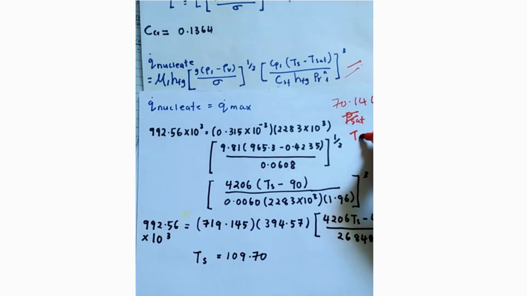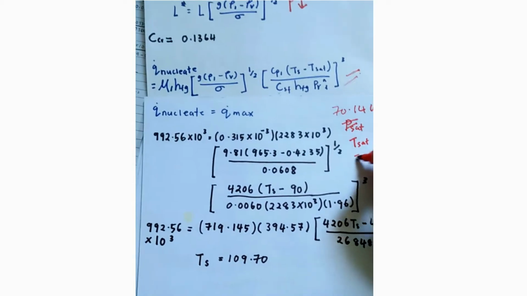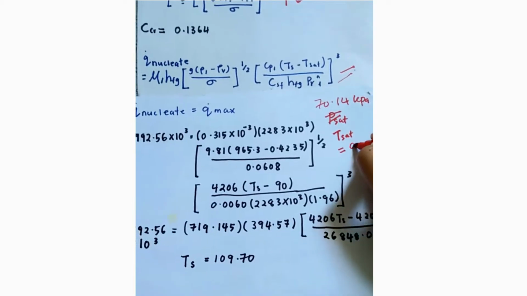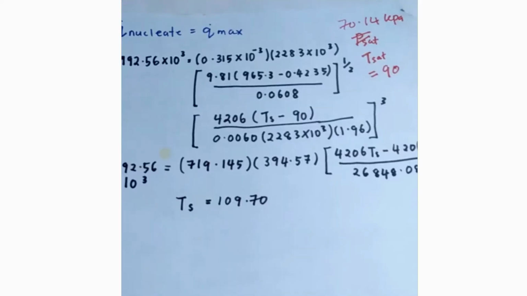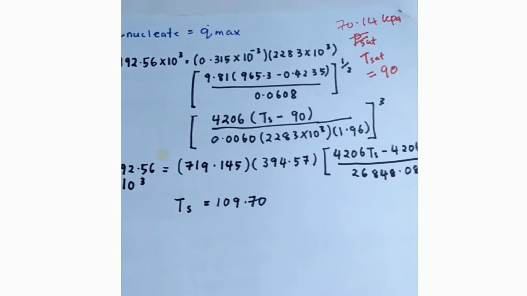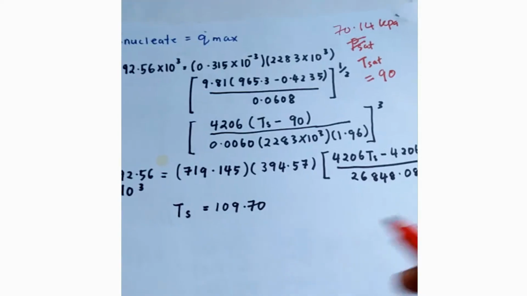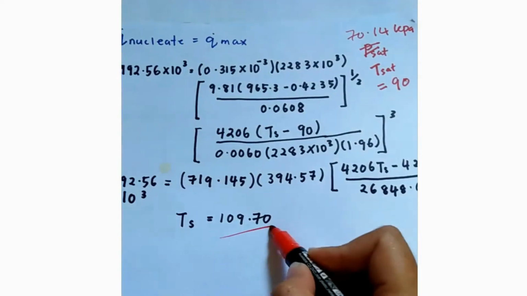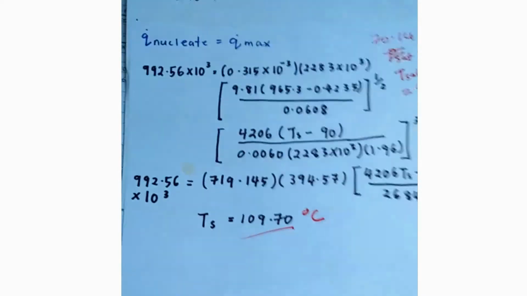It is actually T set equal to 90. Therefore, the temperature of the wire is 109.70 degrees Celsius.